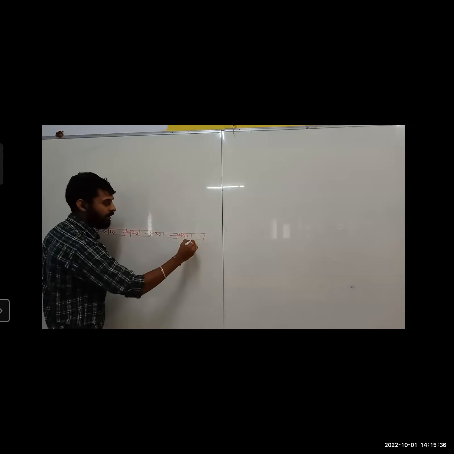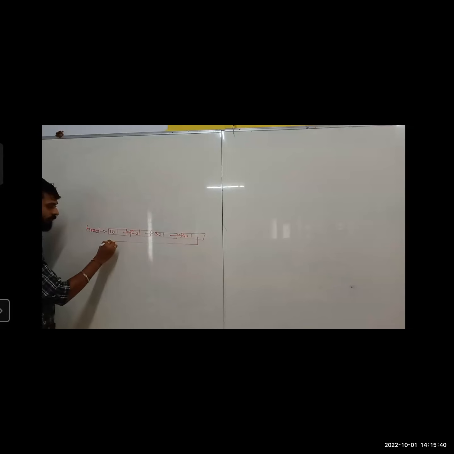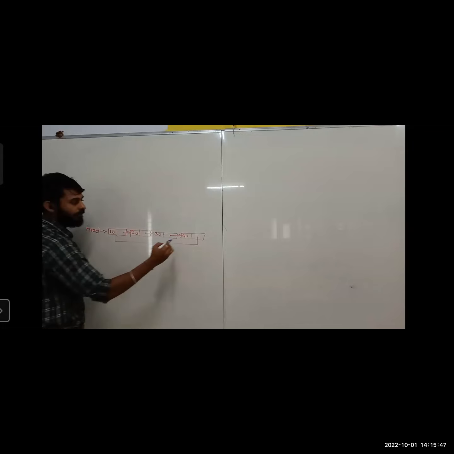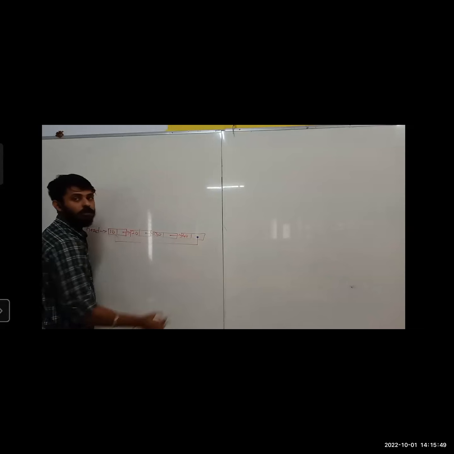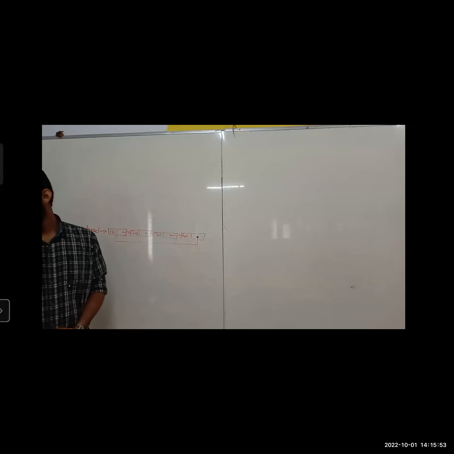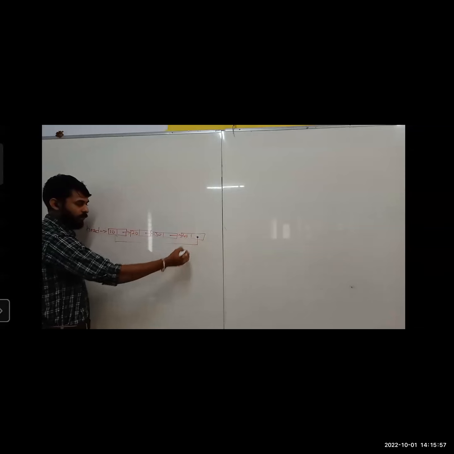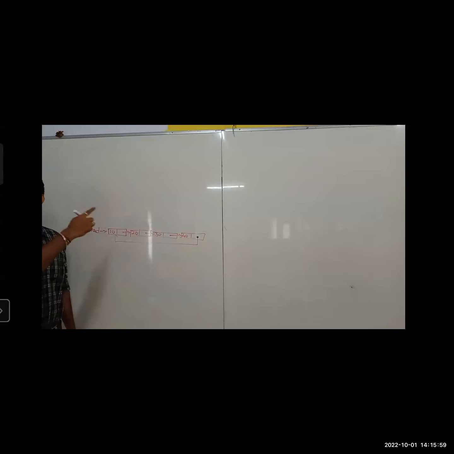But in a circular linked list, it will be pointing to the first node. This is what you mean by circular linked list. Clear with that? So there will be a connection from the last node's link to the first node because it should work like a circular link.